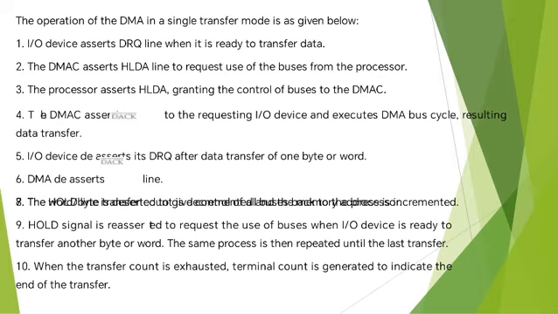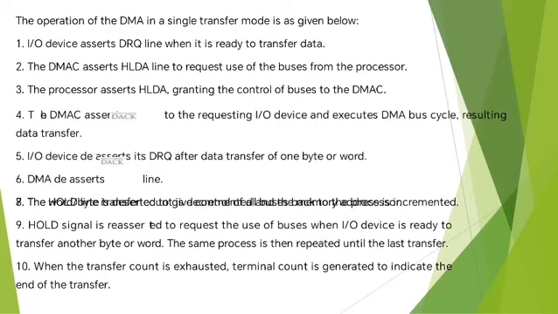The operation of a DMA in single transfer mode is given below. The IO device asserts the DRQ line when it is ready to transfer data. The DMAC asserts the HOLD line to request use of the buses from the processor. The processor asserts HLDA, granting control of the buses to the DMAC.